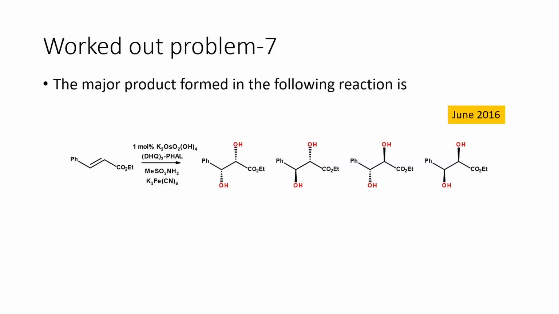Let us move on to the next problem. The major product formed in the following reaction. So here there is an alpha beta unsaturated ester given. It's a cinnamate ester.